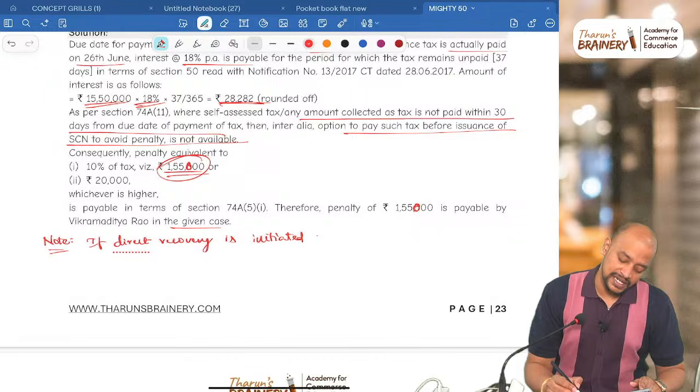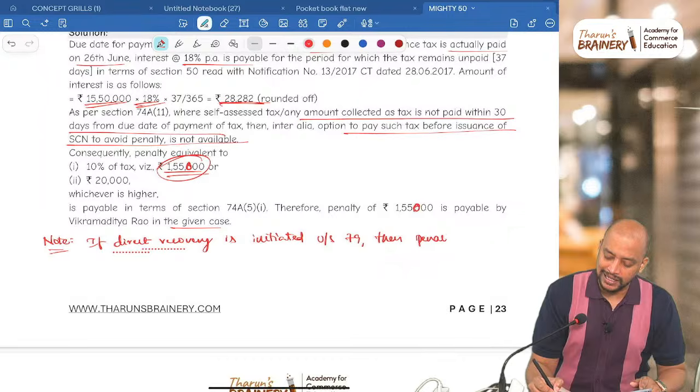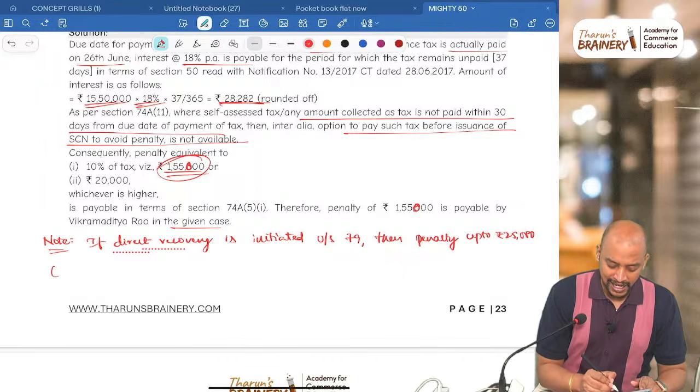If direct recovery is initiated under section 79, then penalty up to 25,000 rupees, in brackets under each Act, is payable.